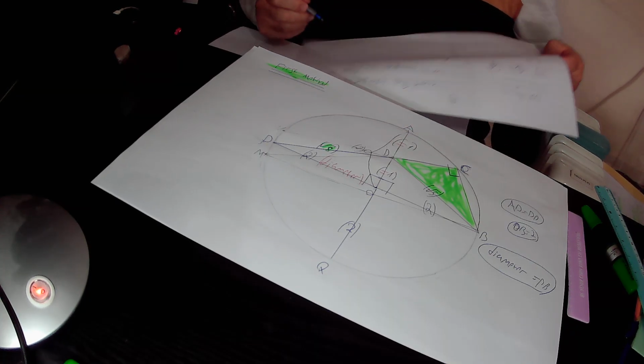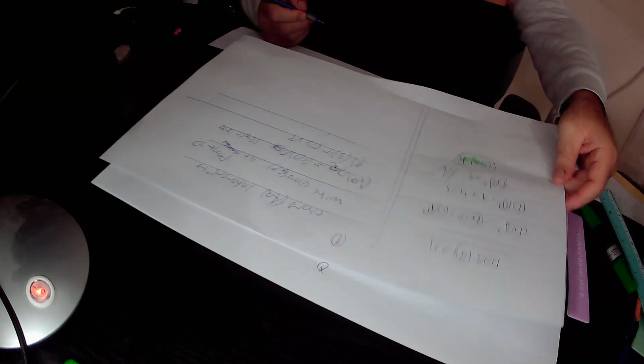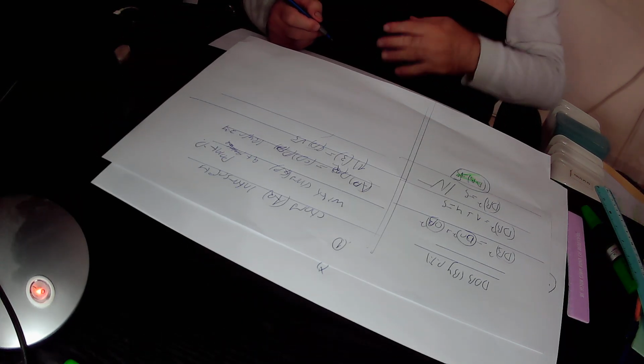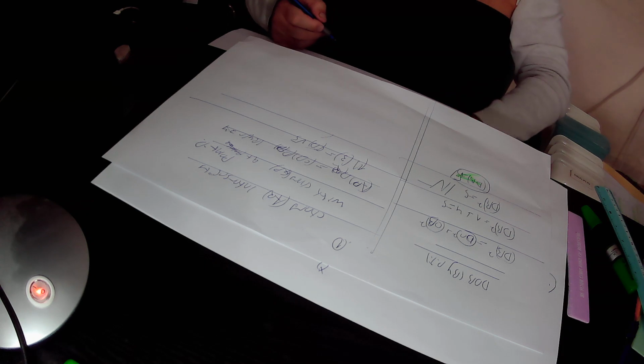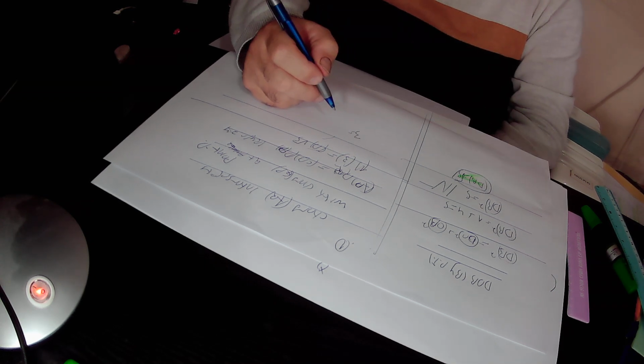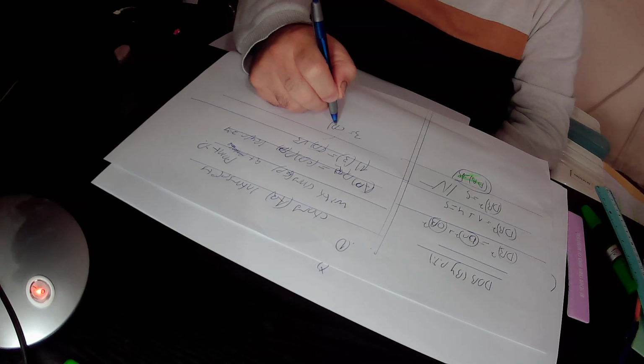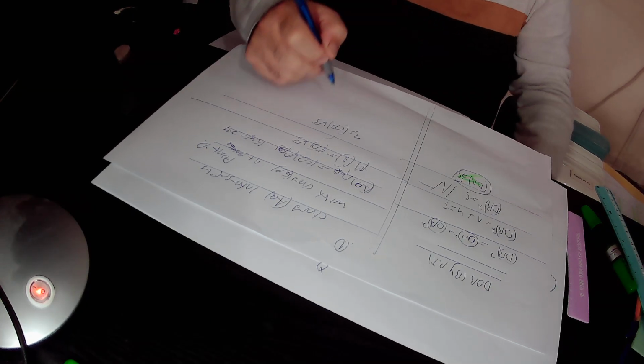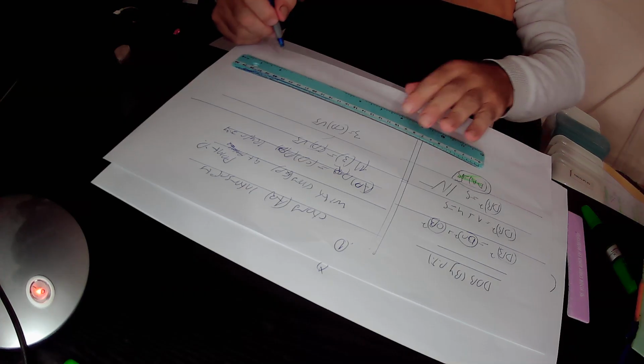So in total, we find that 1 times 3 equals CD times the square root of 5. 1 times 3 is 3, so 3 equals CD times the square root of 5. Here we will divide this equation by the square root of 5.